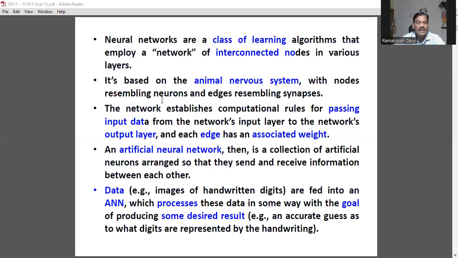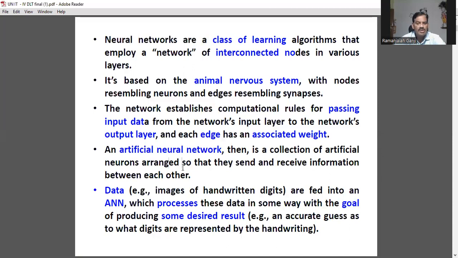So whatever input data is passed to the output layer through the edges, each edge has a specific weight. In other words, an artificial neural network is a collection of artificial neurons arranged in such a way that they can send and receive information between each other.